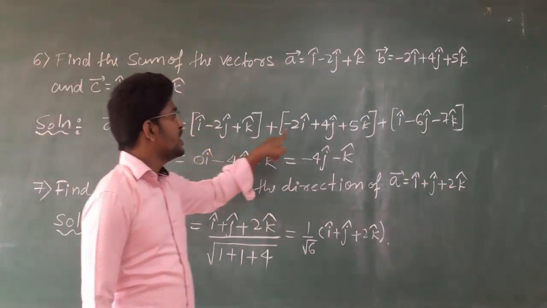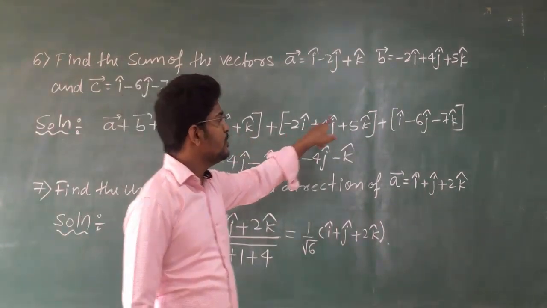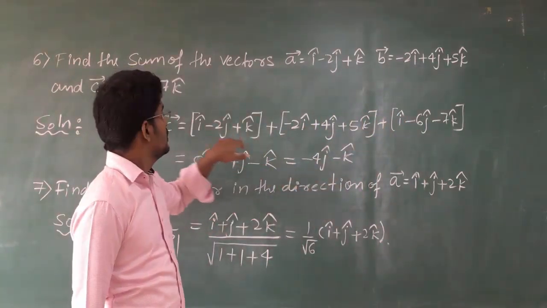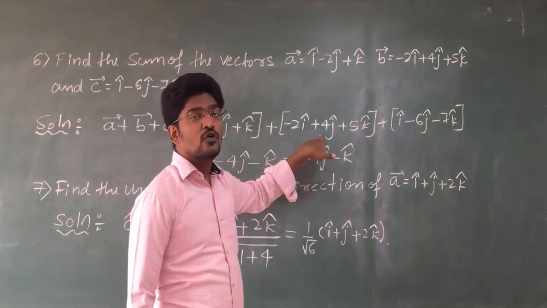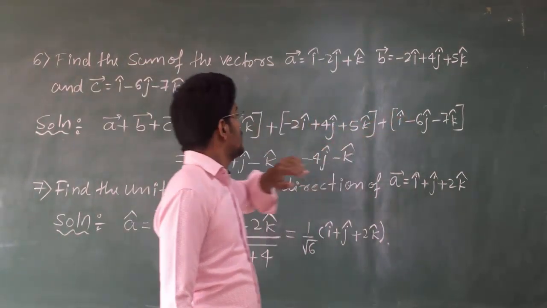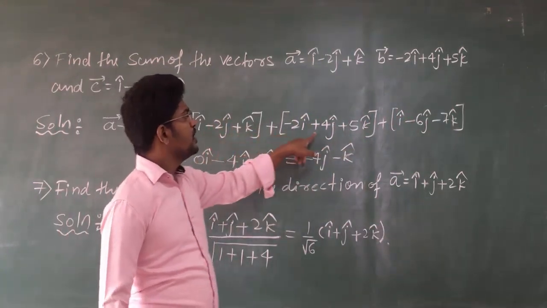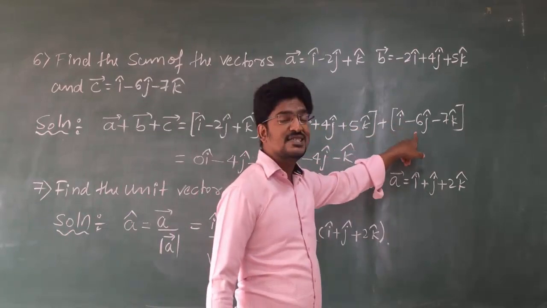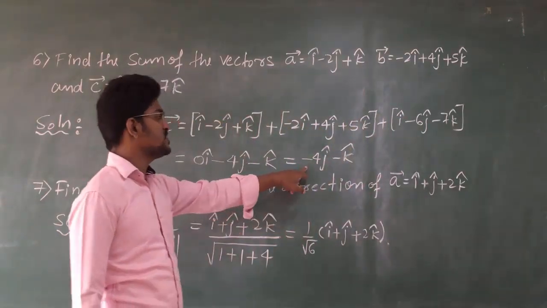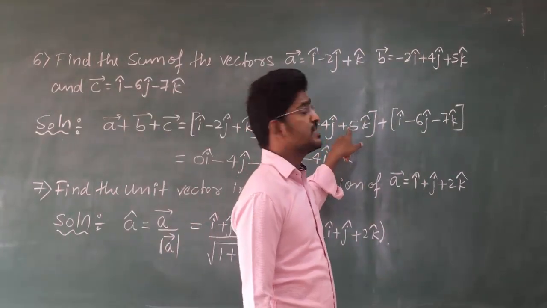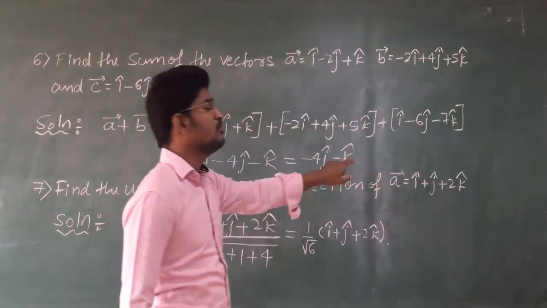So i cap minus 2i cap will be minus i cap, plus i cap will be cancelled. So the i cap term gets cancelled. Minus 2 plus 4 plus 2 plus 2 minus 4 will be, minus 2 plus 4 will be how much? Plus 2, plus 2 minus 6 will be how much? Minus 4. Clear? So here 1 plus 5 is 6, minus 7 will be minus 1.